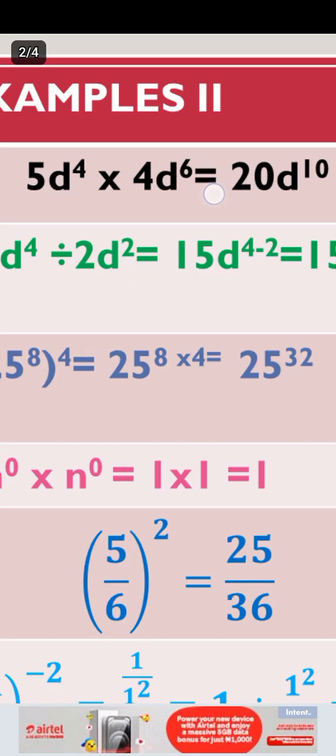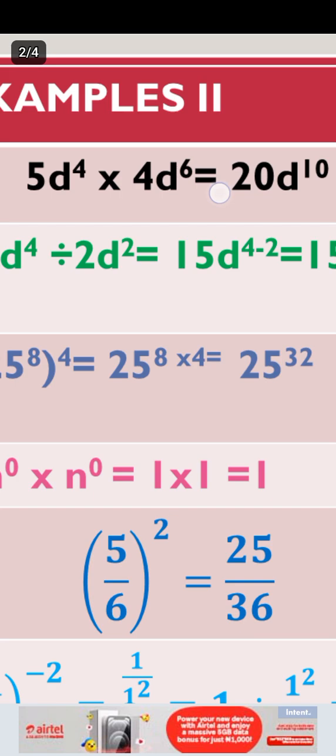So d raised to power 4 times d raised to power 6 is an index expression that can be simplified with the first rule, which is the multiplication rule. So what we are going to do here: number times number, while indices times indices.